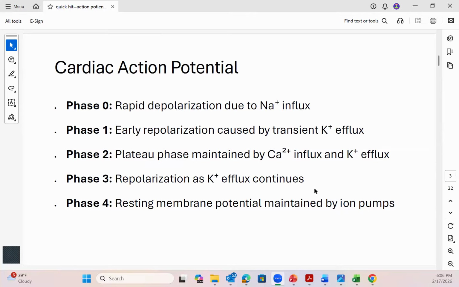Phase 2, that plateau phase that you guys were asking about before, maintained by calcium influx and potassium efflux. So calcium in, potassium out. And then phase 3, that further repolarization, really continues with the same potassium going out. And then phase 4, we get to resting membrane potential. And we start to readjust and all those ion pumps go.